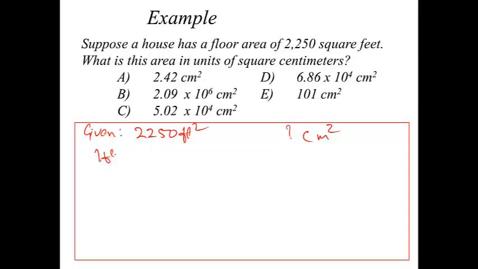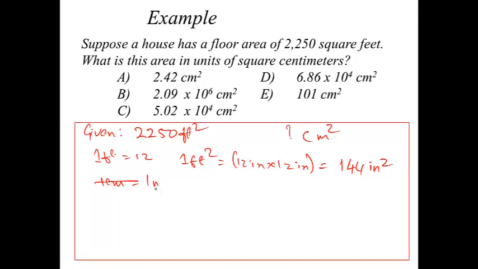1 foot is equal to 12 inches. That means 1 feet square is equal to 12 inches times 12 inches, that's equal to 144 inch square. Now let's also do the same thing with centimeters. I take that back, 1 inch is equal to 2.54 centimeters exactly.